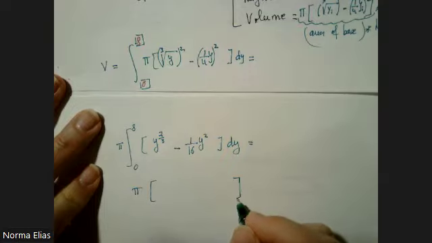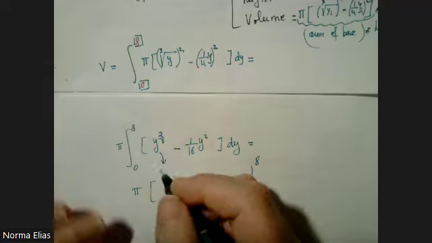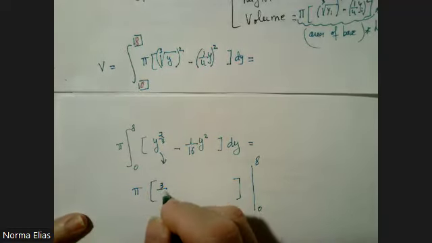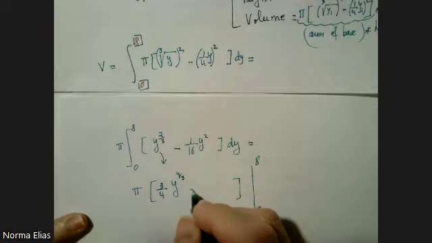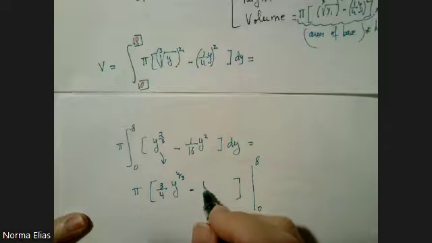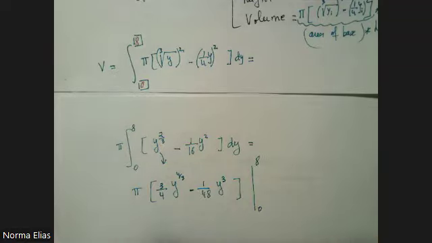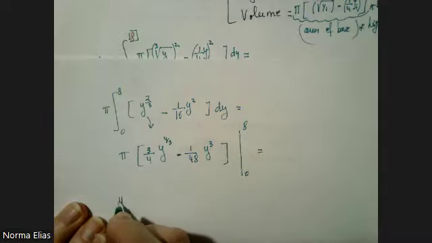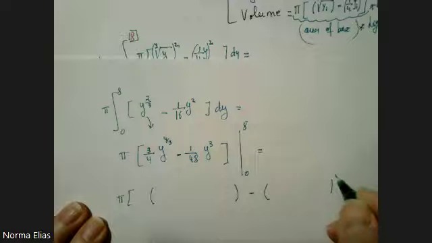So pi times from 0 to 8. The antiderivative of that is 1 over 2/3 plus 1, which is 3/4, y to the power 4/3, minus 1 over 16 times 3, 48, y to the power 3. And finally, I get pi times the upper minus the lower.